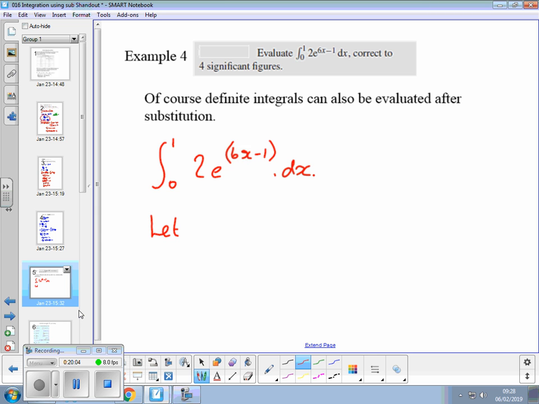Let u equal 6x minus 1. Differentiate. du by dx is equal to 6. Therefore, dx is equal to du over 6.